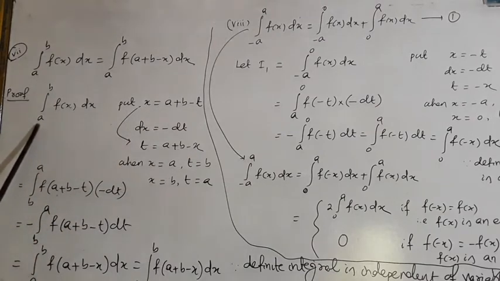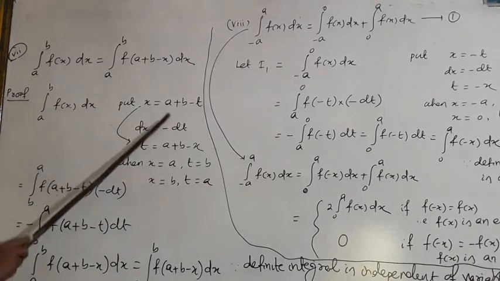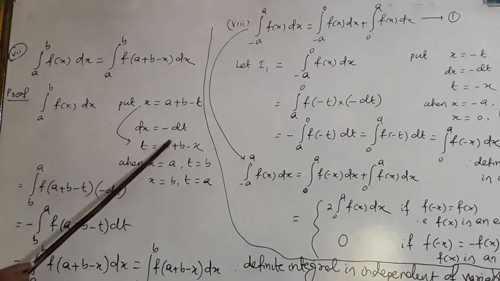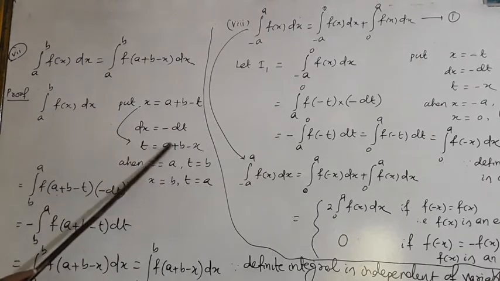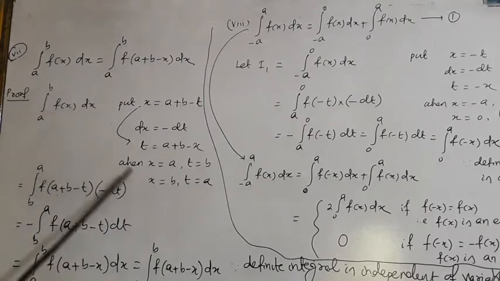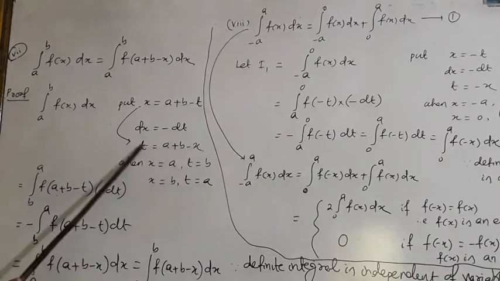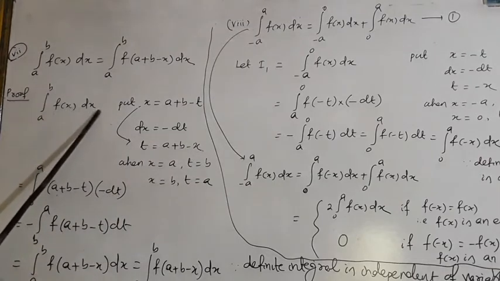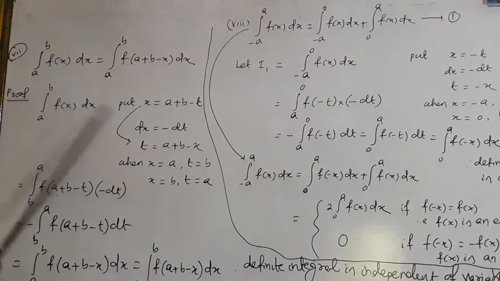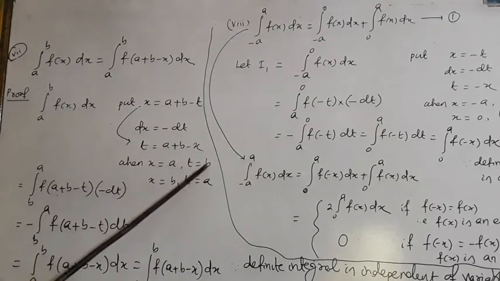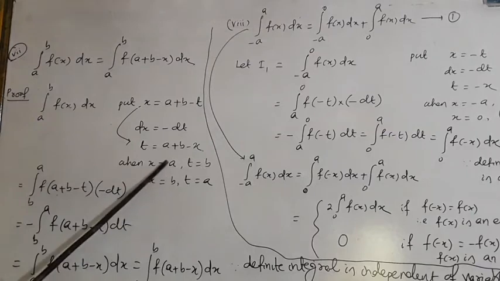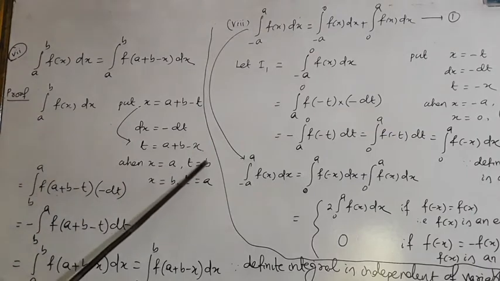When x is equal to a, what is t? Put x is equal to a here, a will cancel, then t is equal to b. When x is equal to b, put x is equal to b here, then b will cancel, t is equal to a. So this integral a to b f(x) dx, from x is equal to a to x is equal to b, becomes b to a.